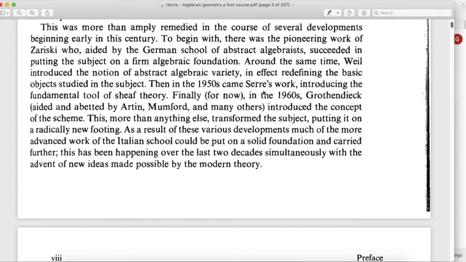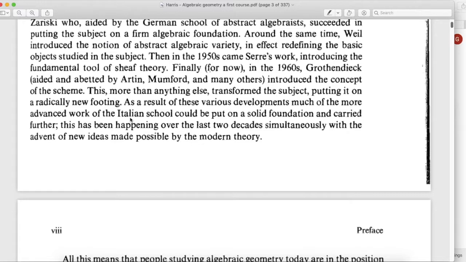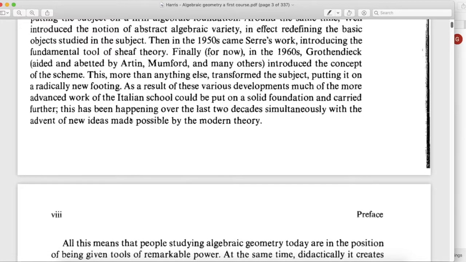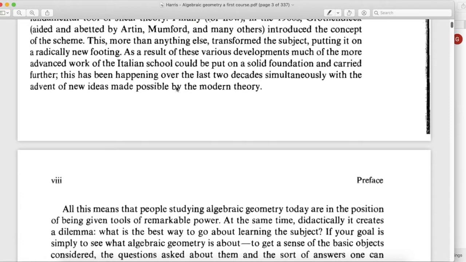Then in the 50s came Serre's work, introducing the fundamental tool of sheaf theory. Finally, in the 60s, Grothendieck, Artin, Mumford, and others introduced the concept of a scheme. I think we've definitely heard of sheaves before. I don't remember if we've heard of schemes. This, more than anything else, transformed the subject, putting it on radical new footing, which is what led to Fermat's last theorem.